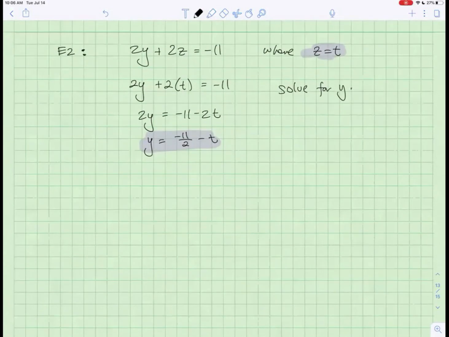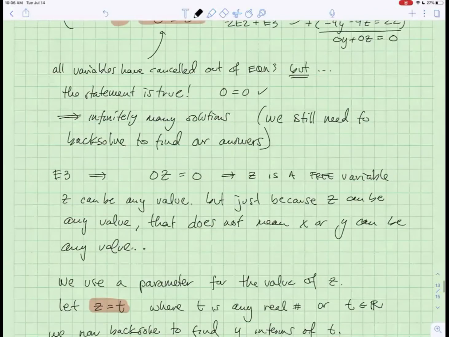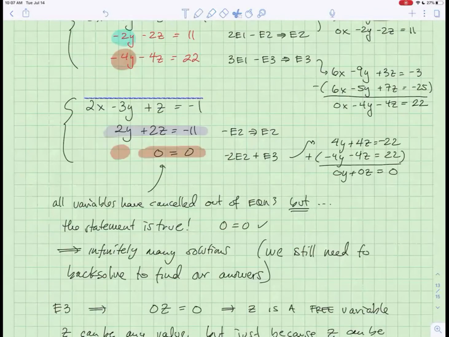And so we'll now back solve with y and z into equation 1. Equation 1 in our last iteration was this guy here.